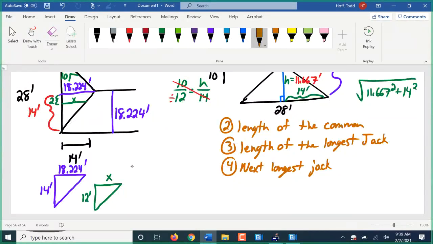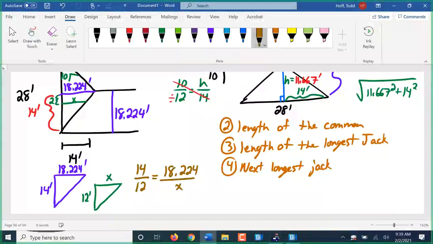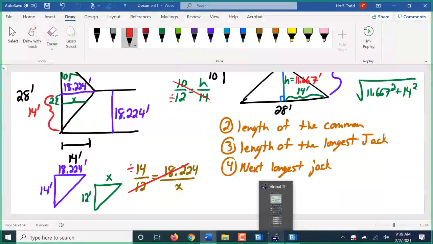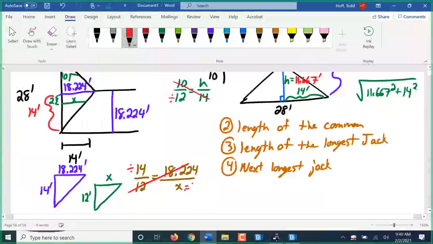So we set up a proportion. 14 goes to 12 as 18.224 goes to x. Once again, we cross multiply and divide. 12 times 18.224 divided by 14, giving us 15.621. That's the length of that next longest jack.